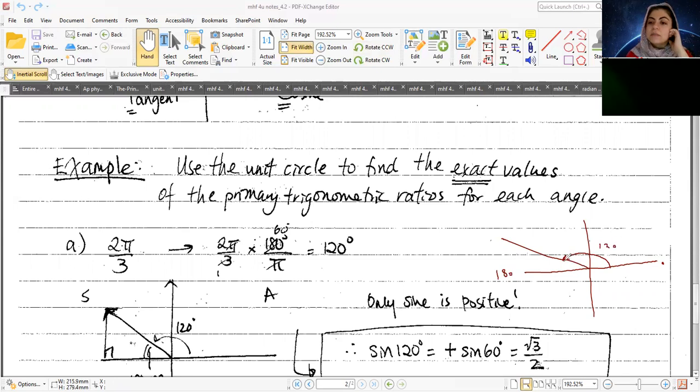Now, can anyone tell me, if from here is 120, what would this angle theta here be? From here to here is 120 and the total is 180. What would be the angle that this line makes with the x-axis?